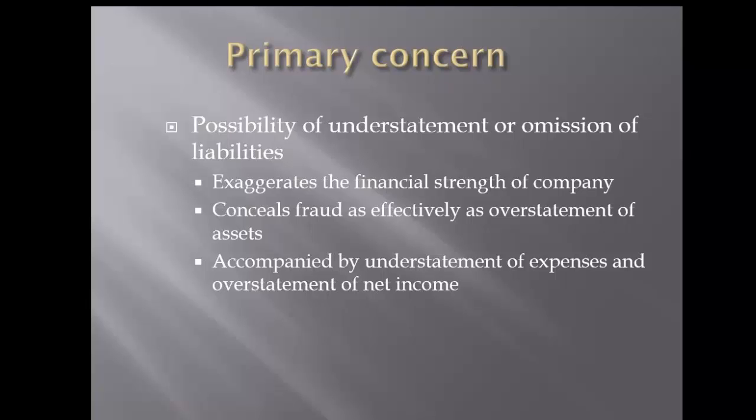So whenever we think about the financial statements from the perspective of a fraudster, someone that wants to perpetrate fraud is going to do two things. They want to overstate assets and revenue, and they want to understate expenses and liabilities.